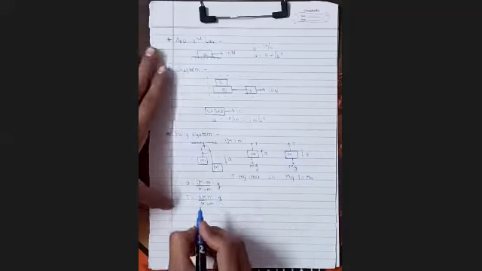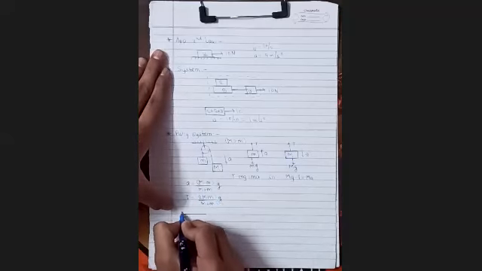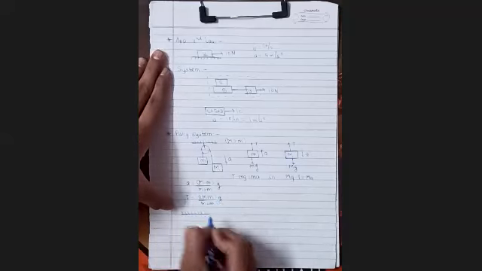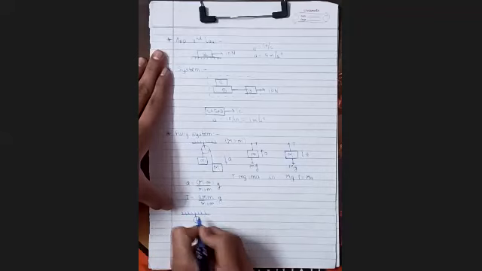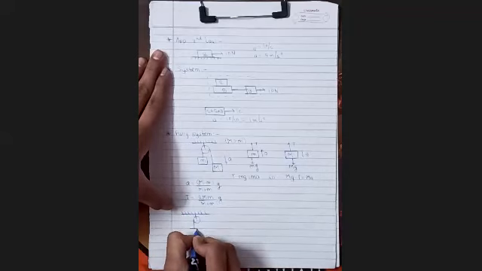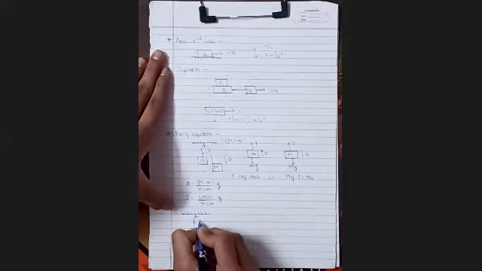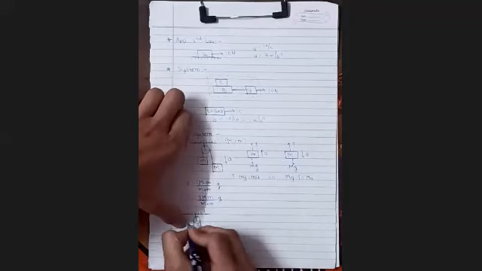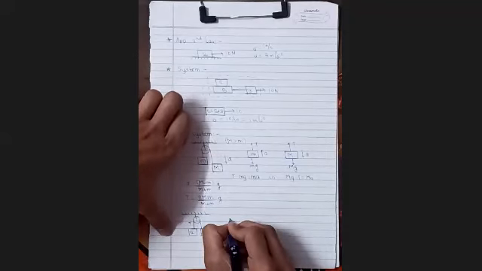Let's take an example on it. There is a pulley. Here is a block of mass 2 kg and here is a block of mass 5 kg. So we have to find the acceleration and tension in the string. From here we will put the formula.